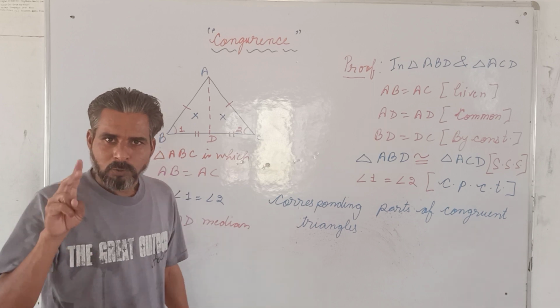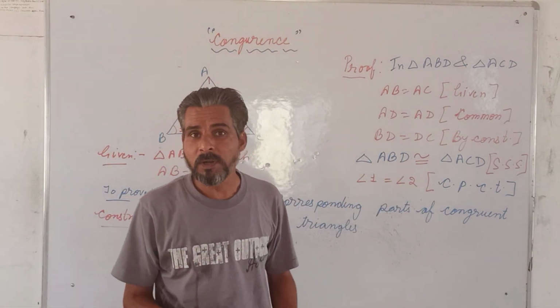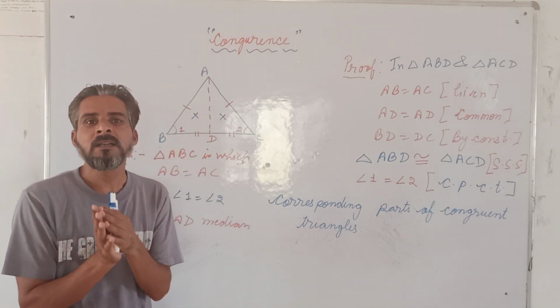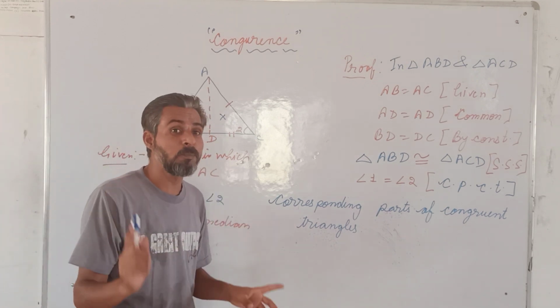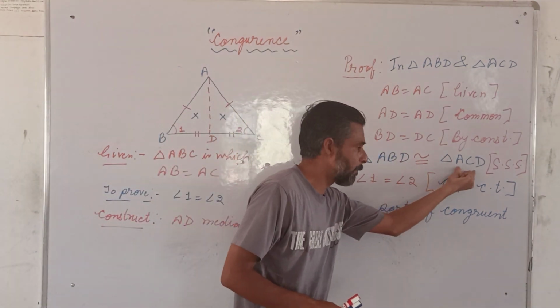If two triangles are congruent, as we have proved here, then their corresponding parts will also be equal. Corresponding parts, I told you previously, we can find from the name also.